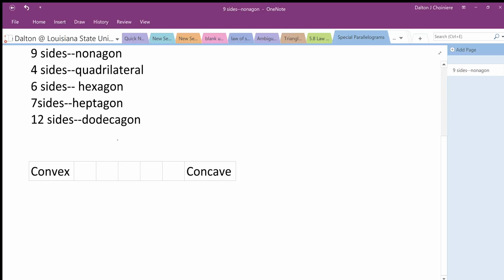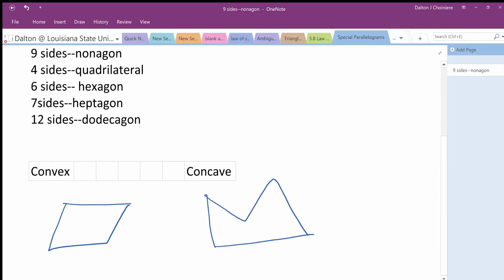Okay, something about interior and exterior. I'll give you a hint. A convex shape looks like this. And a concave shape kind of looks like this. What's the difference?